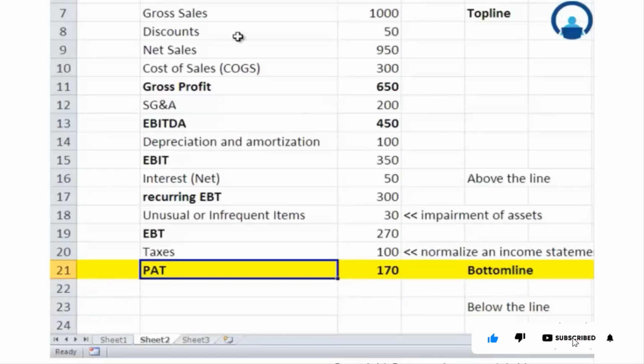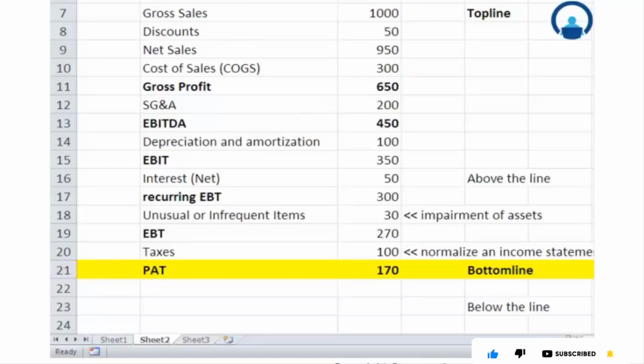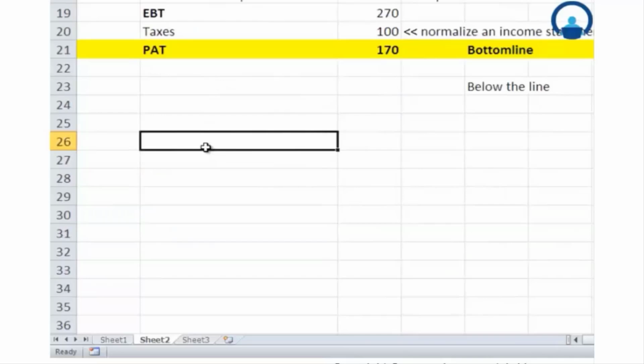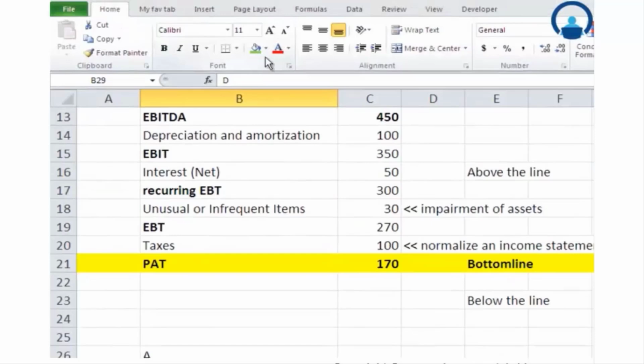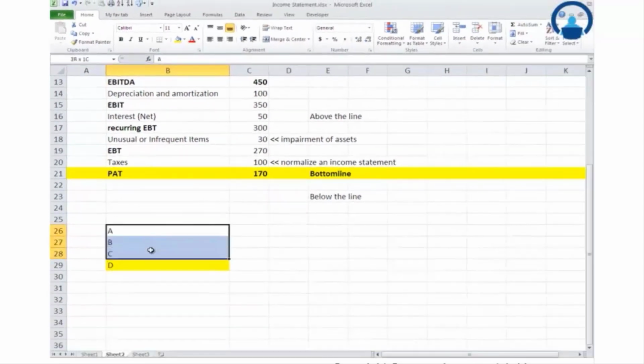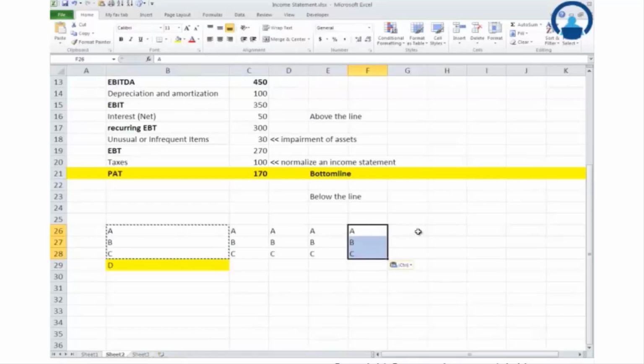Now coming to the second thing, which is the discontinued operations. Now discontinued operations essentially is related to a business which has different segments. Let's say this business has 4 segments, A, B, C and D, and let's say this year they have discontinued D. Now what we note here is that ABC is definitely going to be there for all the future years.